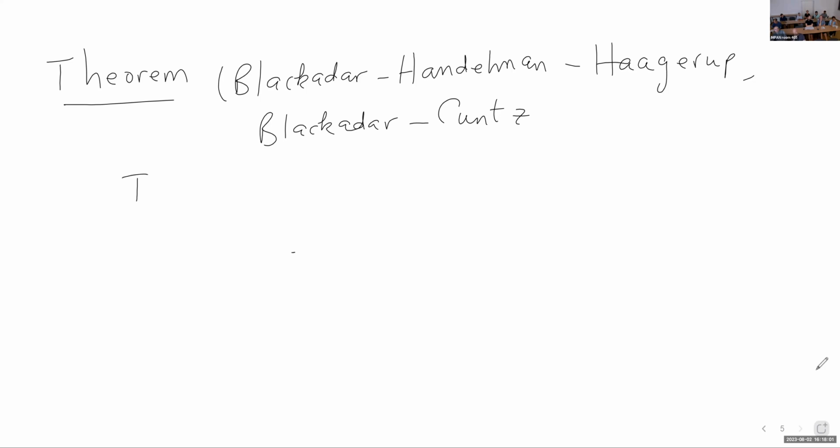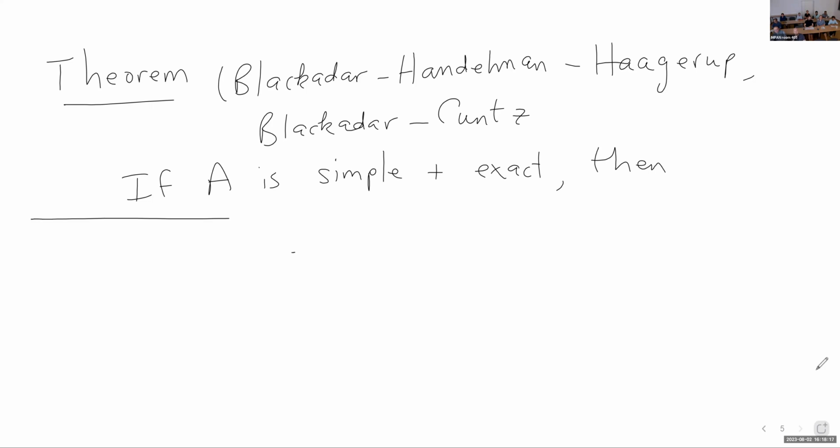So if A is simple and exact, and so, did you define that? I did not. This is a good point. Maybe I should. One way is, remember last time I defined nuclear as having this completely positive approximation property, which meant that for a C-star algebra A, the identity map was nuclearly approximable.